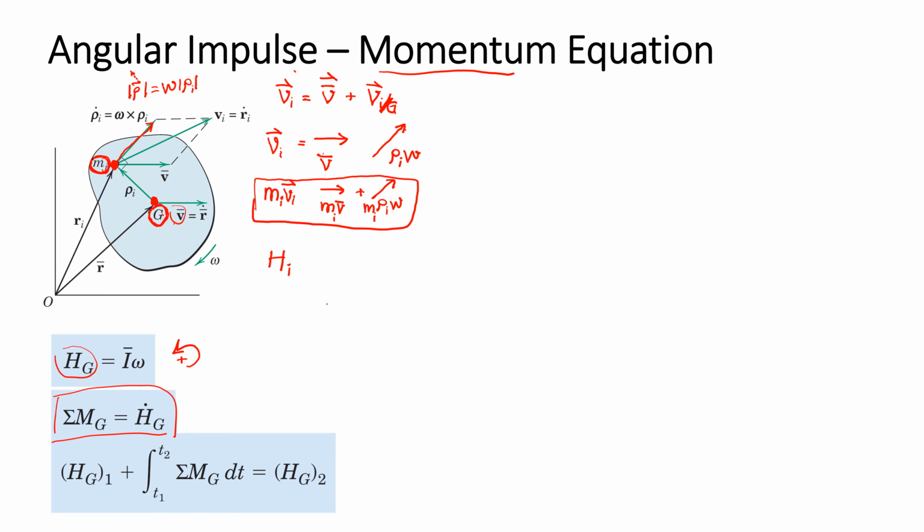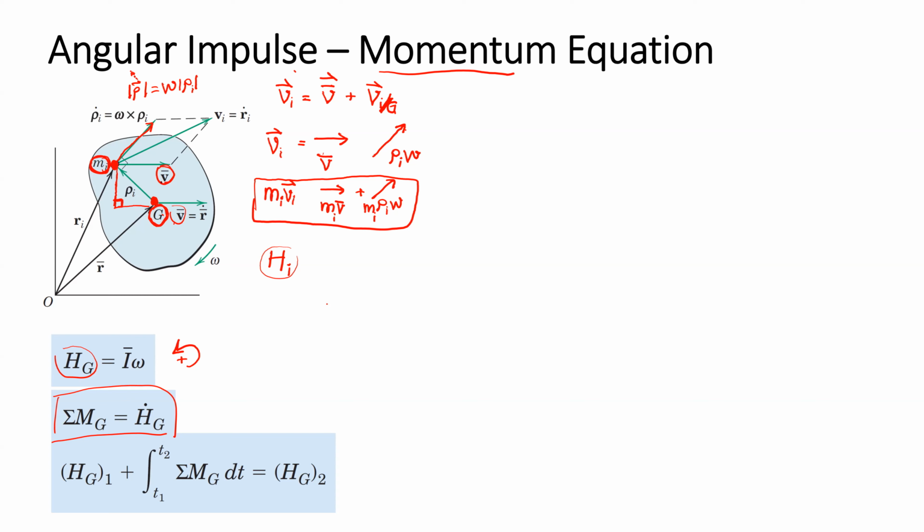The effect of the horizontal v bar on the angular momentum depends on this perpendicular offset.